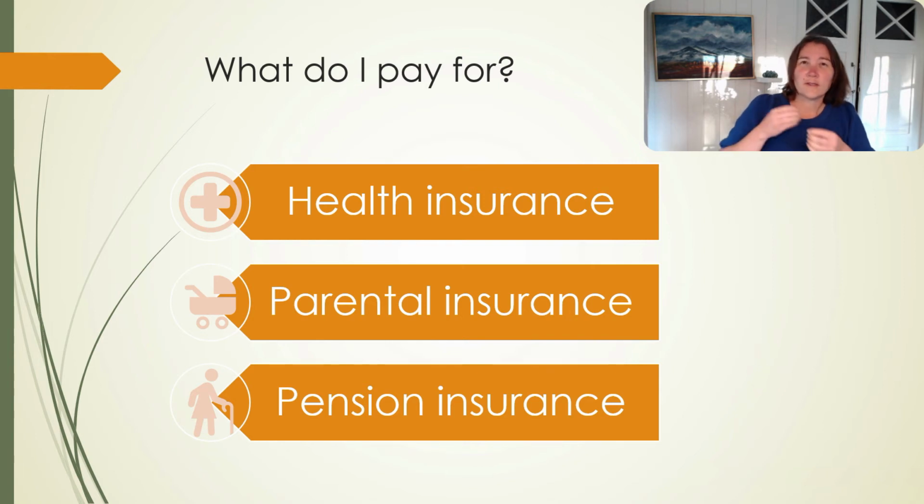So the social security fees also pay for the parental insurance. And when you get old and your body doesn't cope anymore, you plan to retire, then you also get money from the state. And the social security fees are something that you have also paid in advance for your pension insurance.